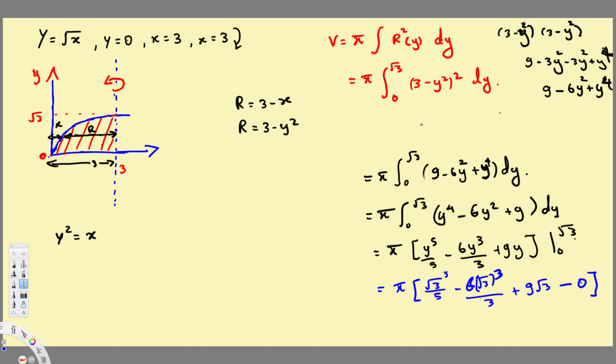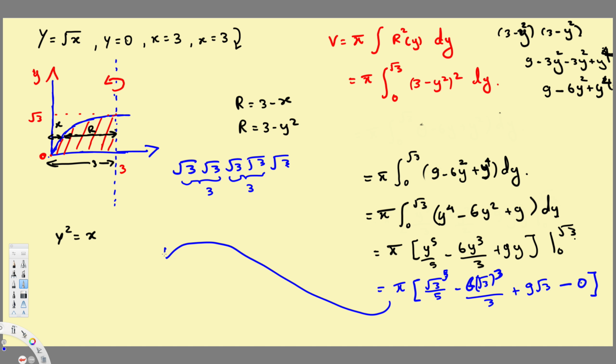Now let's see how we can expand root 3 power 5. If you write root 3 five times, root 3 times root 3 times root 3 times root 3 times root 3, if you notice, root 3 times root 3 is 3, this is also 3, and this is just root 3. So we can write this as 9 root 3. Let's continue. This is equal to 9 root 3 divided by 5.